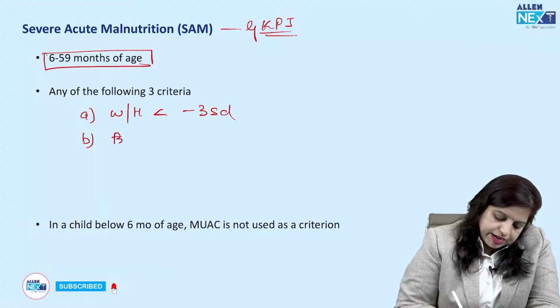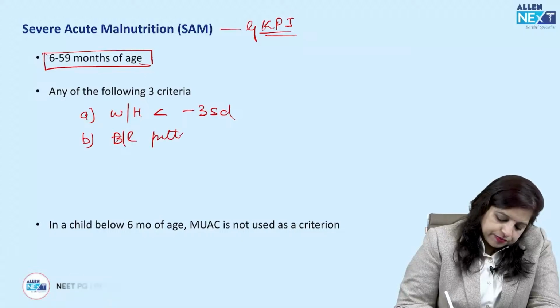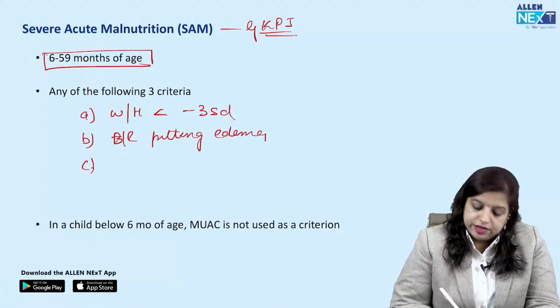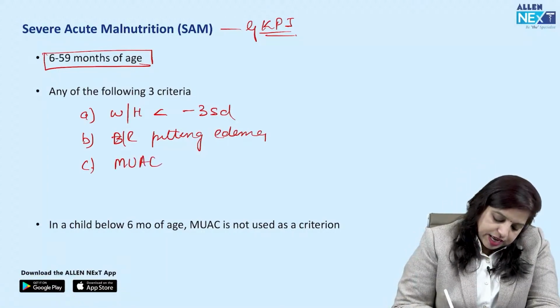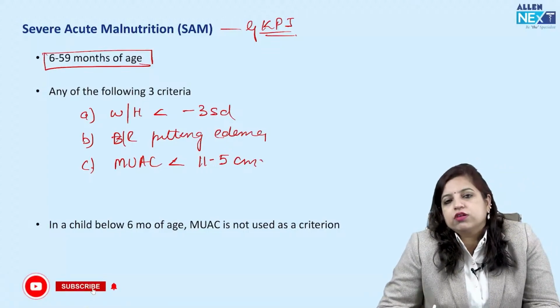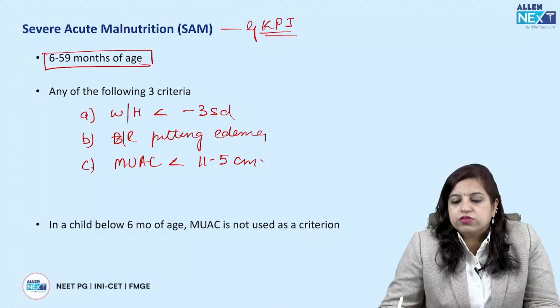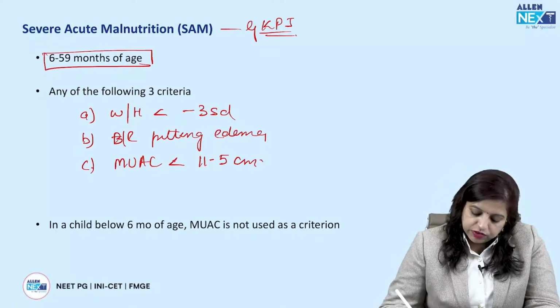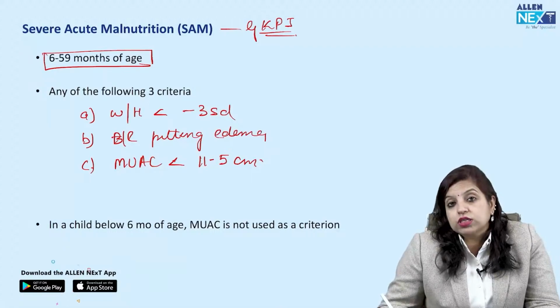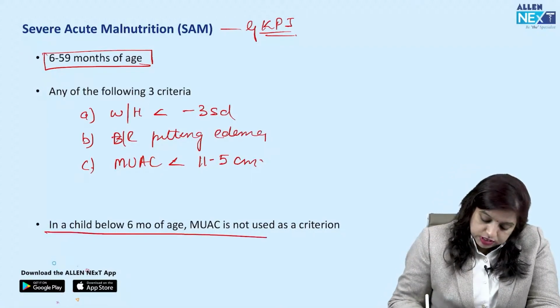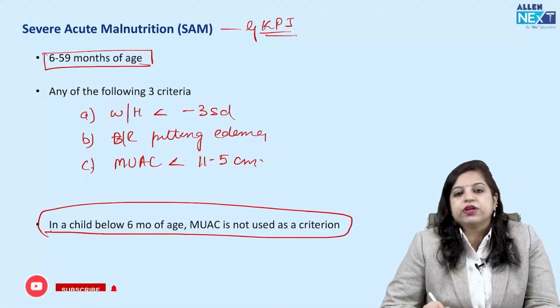Presence of bilateral pitting edema is the second criterion, and the third criterion is MUAC less than 11.5 centimeters. Any one of the three criteria, if present, indicates the child has severe acute malnutrition, right? In a child below 6 months of age, MUAC is not used as a criterion. That is a very important thing which you should remember, right?